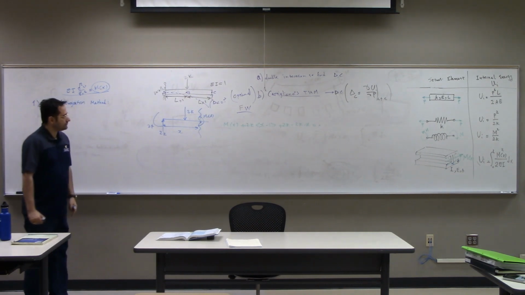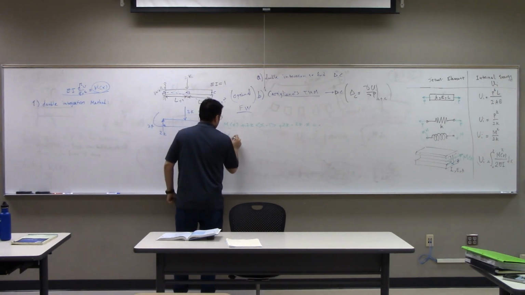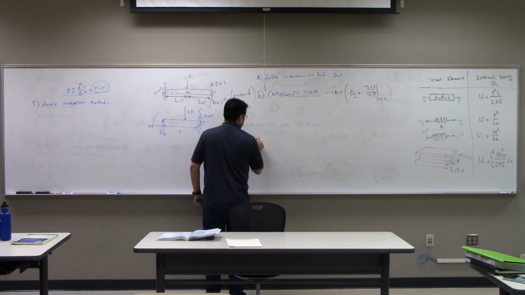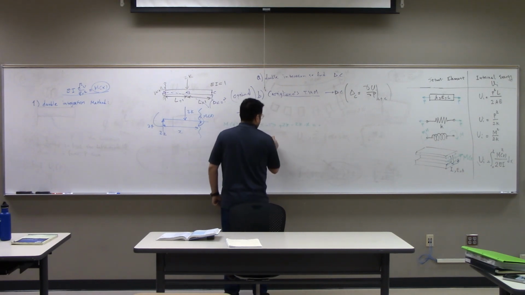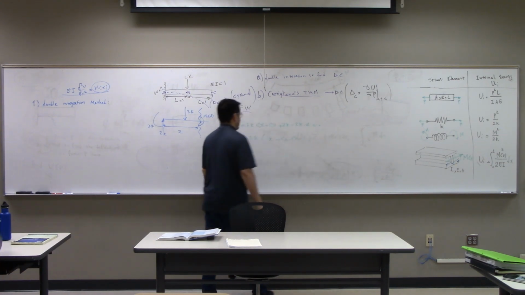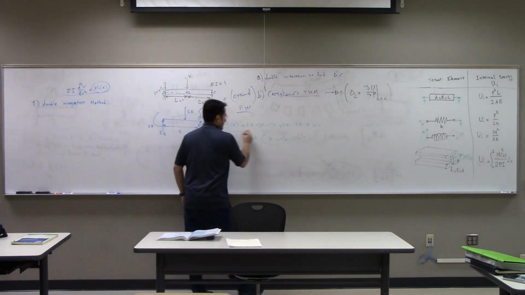Right? And then solve for Mx, take 2k to the right, and you get this relation.